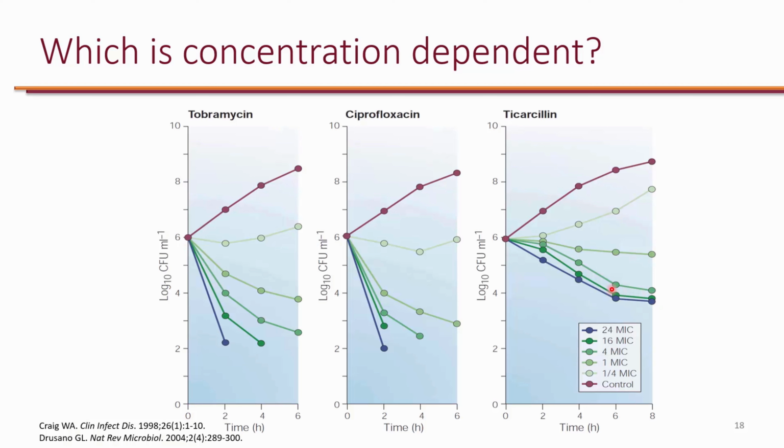So for example, once we reach a concentration 4 times the MIC, we got the maximum amount of killing. 16 times the MIC added negligible amounts. In fact, a concentration 24 times the MIC made no difference compared to 16 times MIC.